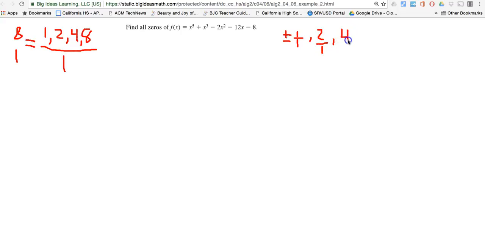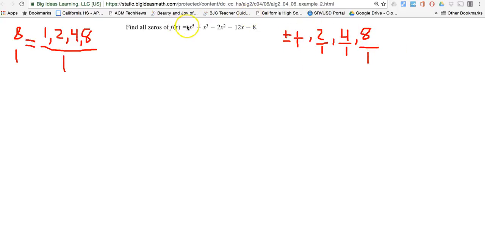Plus or minus 4 over 1 and plus or minus 8 over 1. So what we've got here is 8 possible numbers because we have to take the positive or the negative. We've got plus or minus 1, plus or minus 2, plus or minus 4, and plus or minus 8. What that means is that our rational zeros have to be one of these 8 numbers.